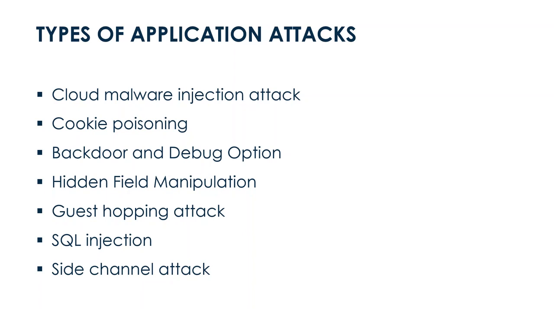Again, these are no different from what we normally see if you host your applications in your own data center or in a co-located data center. The kind of application attacks you would normally see in that environment is similar to a cloud environment. It shouldn't be very different, because as I said a little while ago, cloud is just someone else's computer, or thousands of computers put together that way. So you shouldn't see too much difference in terms of application attacks.